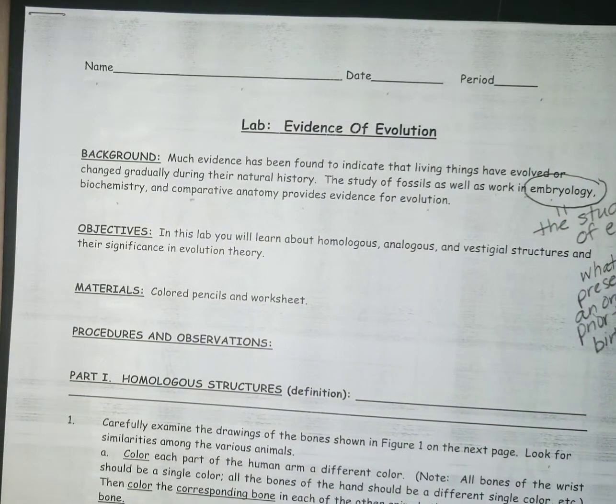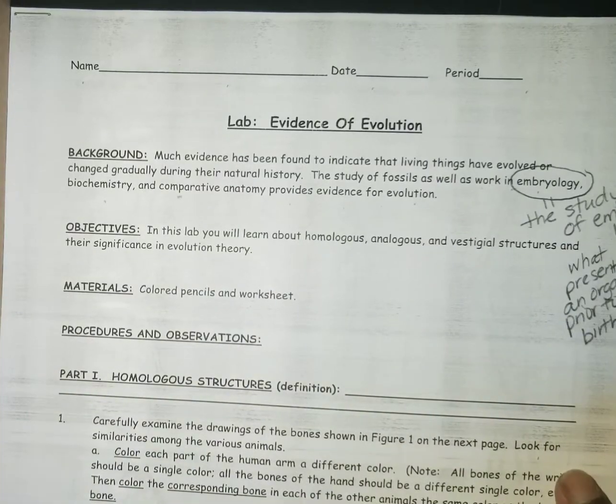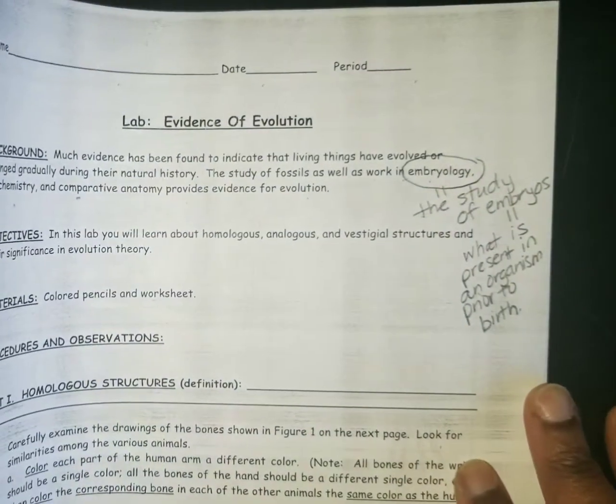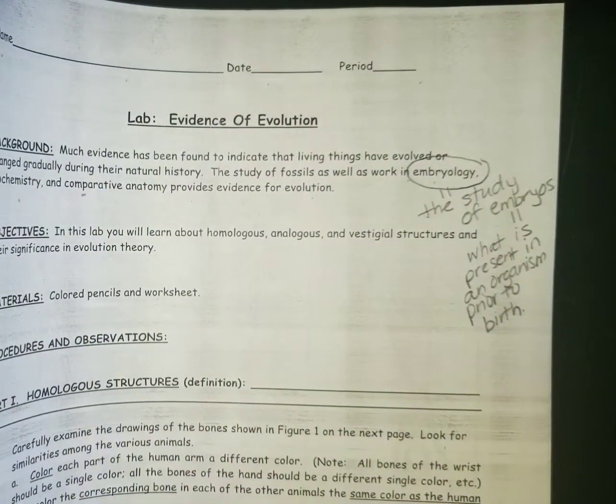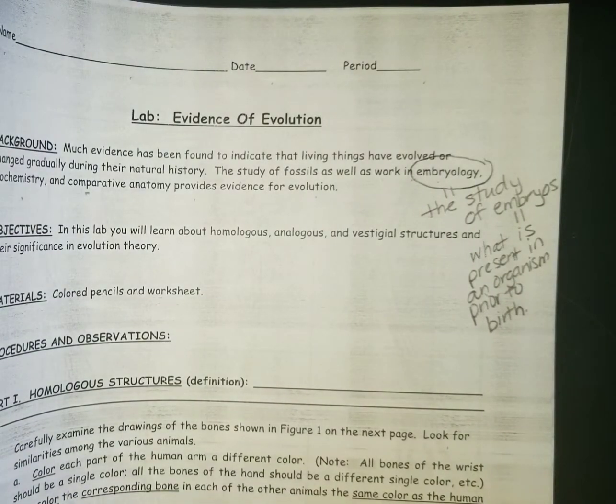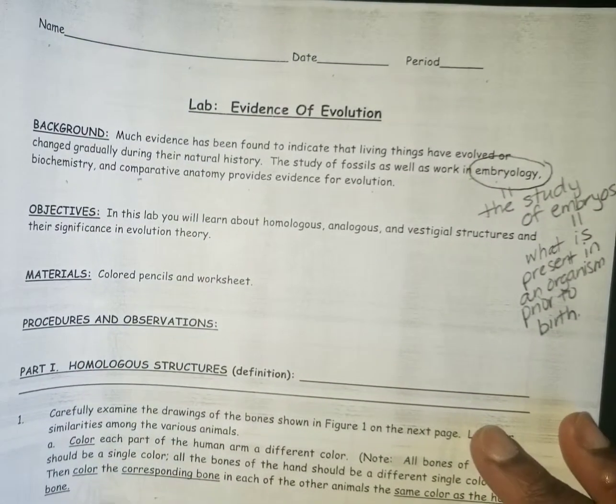Okay, so in humans, we have what's called a fetus, and it goes from embryo, zygote to fetus. Other organisms have other terms, but embryology is studying that pre-birth development, okay?